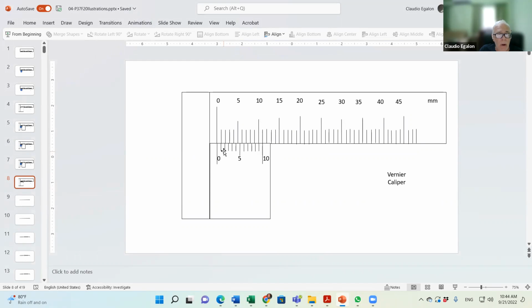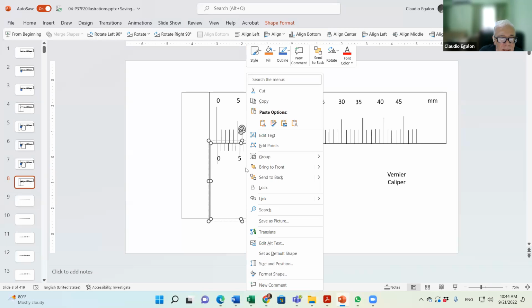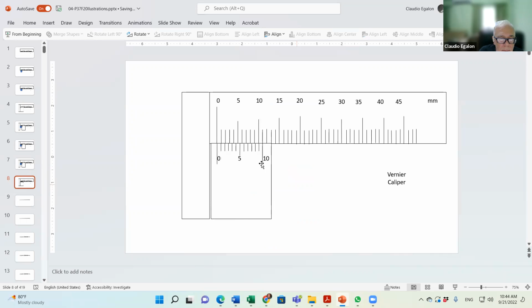1, 2, 3, 4, 5. Ah, no, I made a mistake here. Let me fix that. I have 10 divisions from here to here, right?